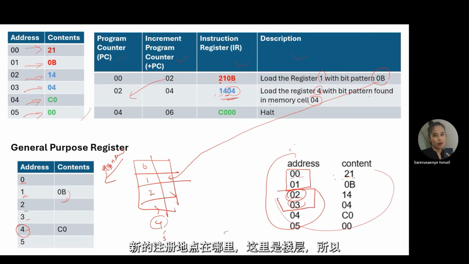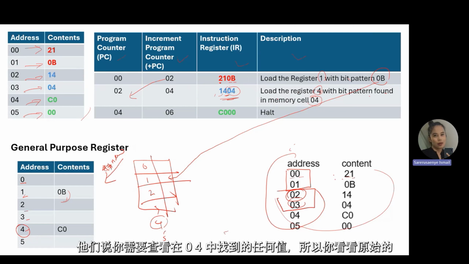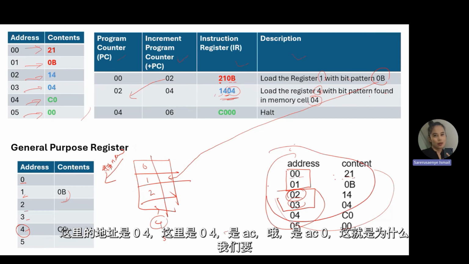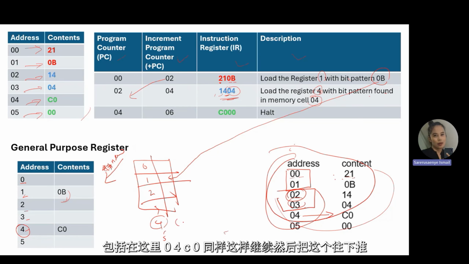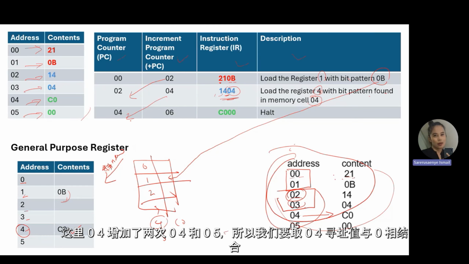Register 4. So they said you need to load the value found in 04. So you look at the original address in here. You see 04 here, this 04 is C0. That's why we include in register 4 here C0. Then continue and push this one down here. 04, increment 2 times, 04 and 05.